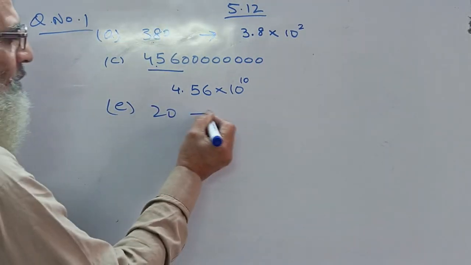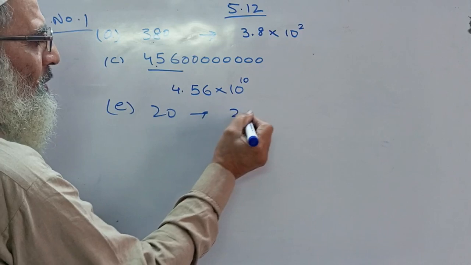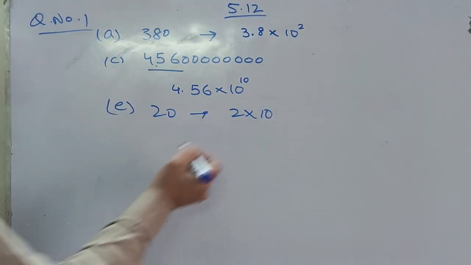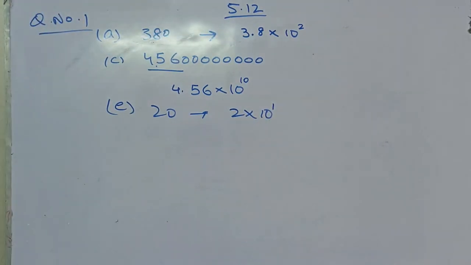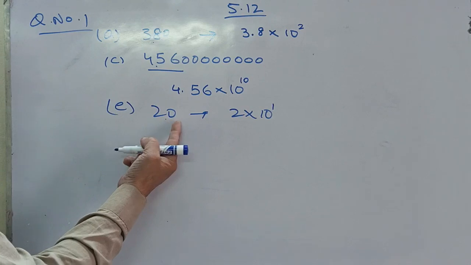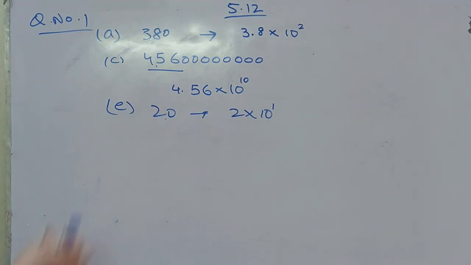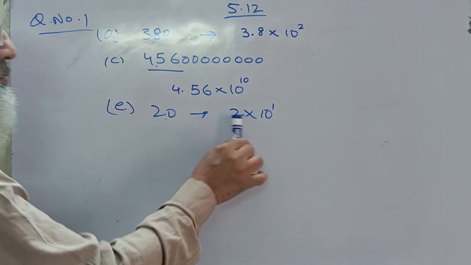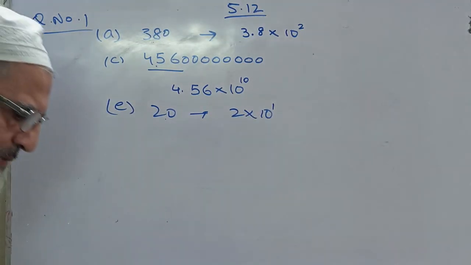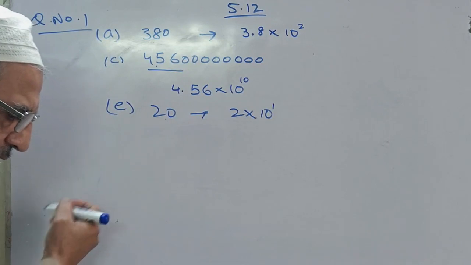It will go to 2 into 10 raised to power 1, because if I place the point over here, you see that there is only one digit left. So 2 into 10 raised to power 1.